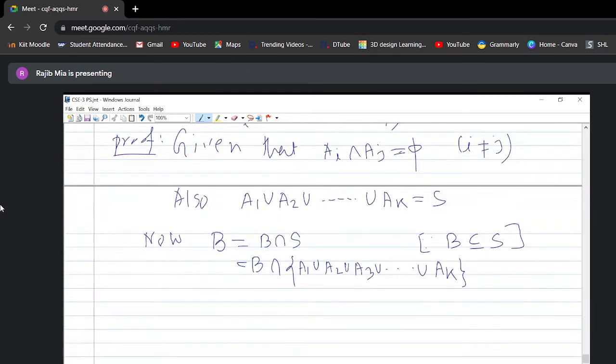So this can be written, using the distributive law of set theory, that is, you know that A intersection B union C means A intersection B union A intersection C. Similarly apply this here. So B intersection A1 union B intersection A2 union B intersection A3, like this, union dot dot union B intersection AK.